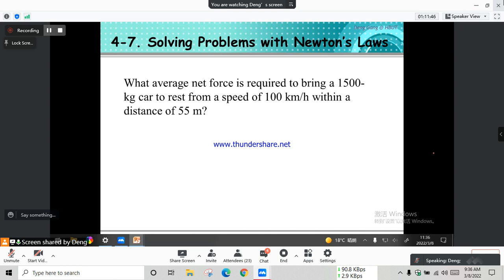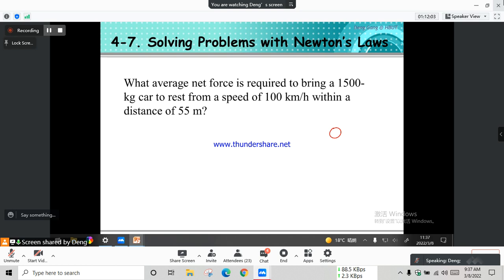First step, we need to draw a diagram to show all the forces on this. In this case, there's only one object, this car, and we treat it as a particle.